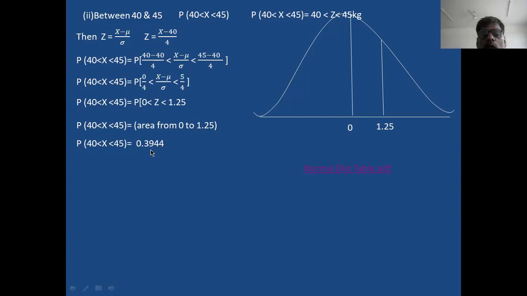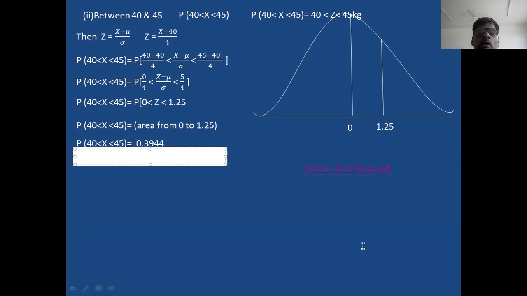Okay, 0.3944 is the probability. Then they ask to calculate the number of students. Therefore, number of students you calculate.